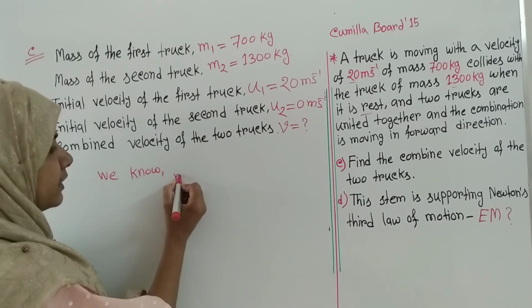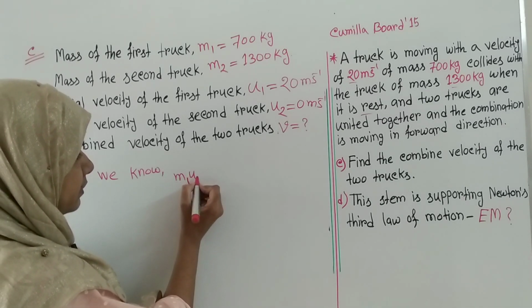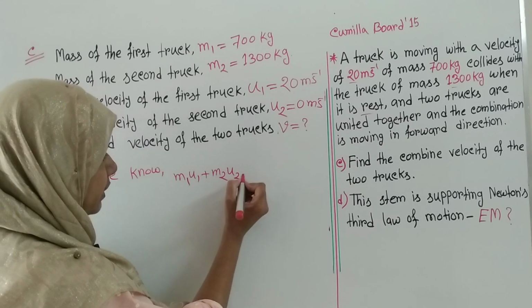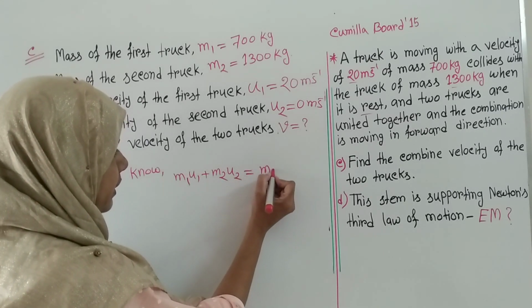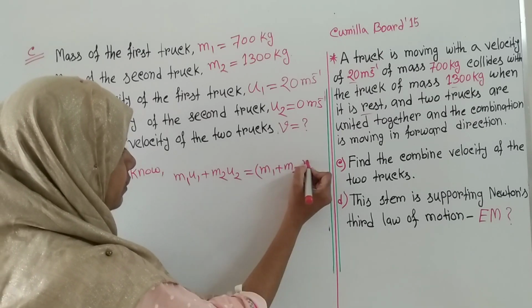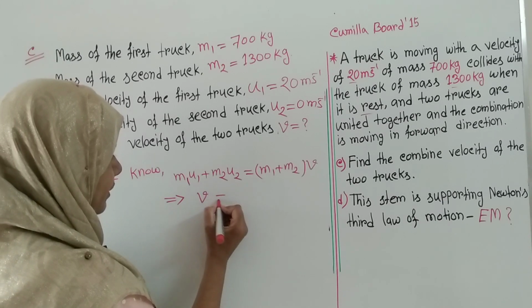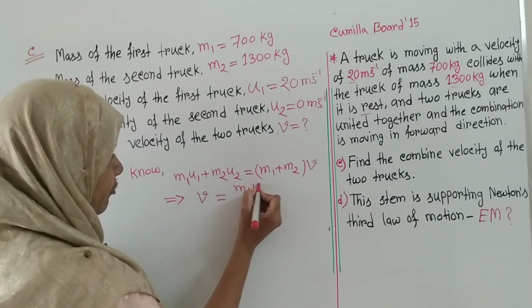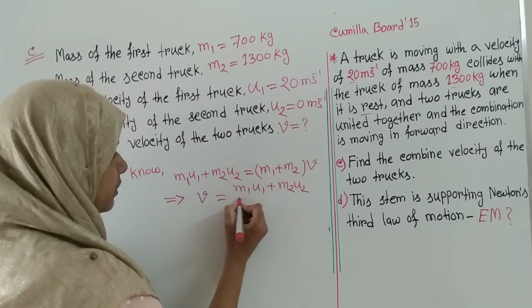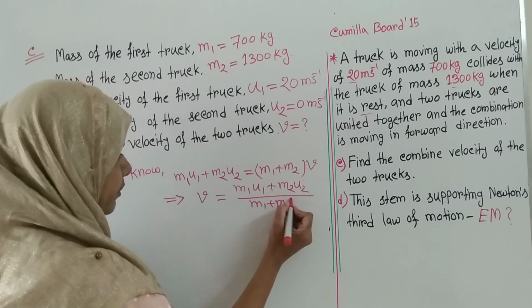to calculate the combined velocity, the equation is m1u1 plus m2u2 is equal to m1 plus m2 into v. That is, v is equal to m1u1 plus m2u2 divided by m1 plus m2.